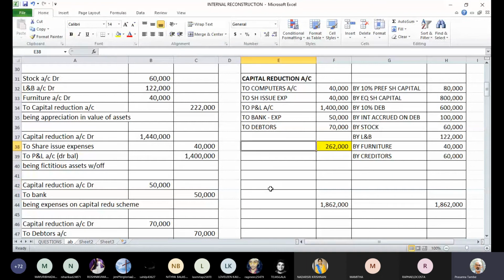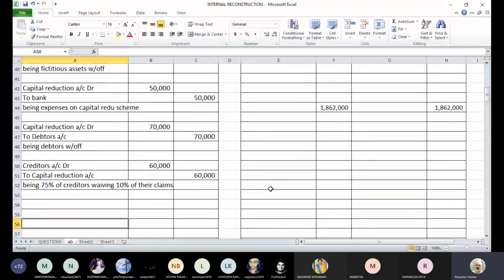So one more entry we'll have to pass is capital reduction account debit, 2,62,000.